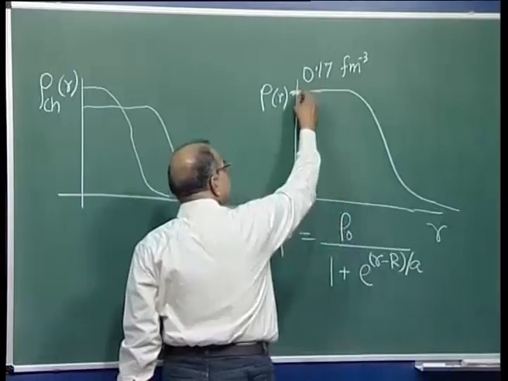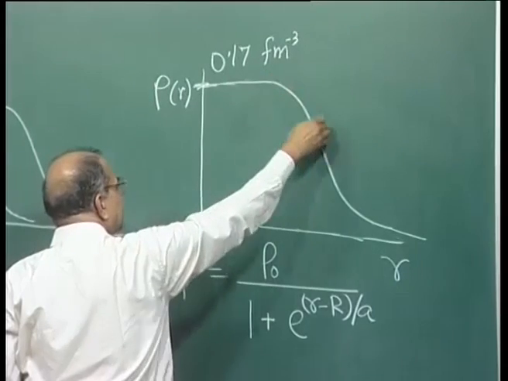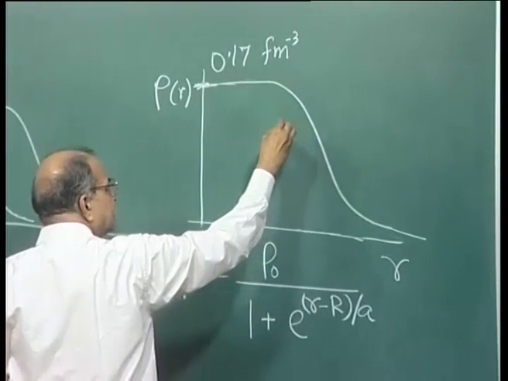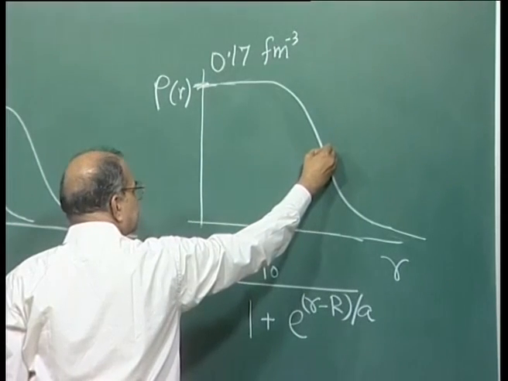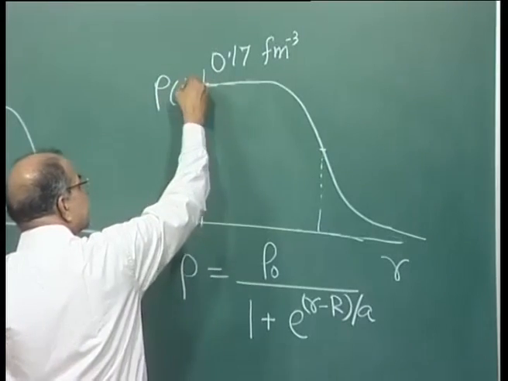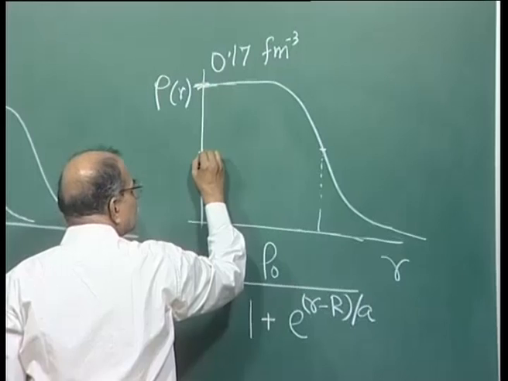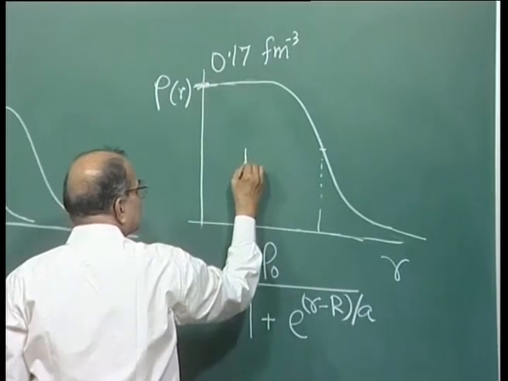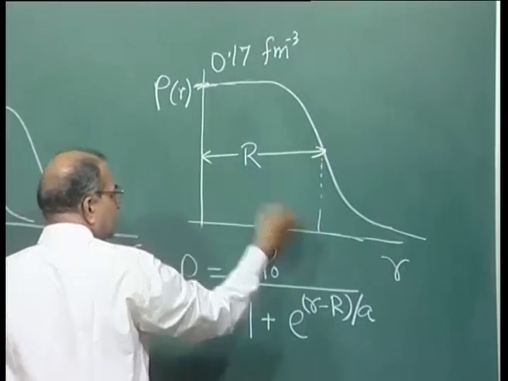What you see is it is almost constant up to a certain r, and then gradually decreases. You can take the point where the number density decreases to half this central value. That is capital R.